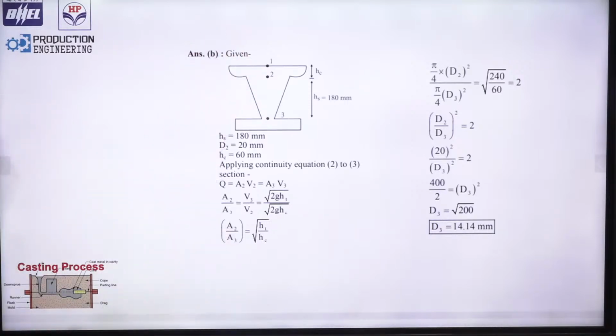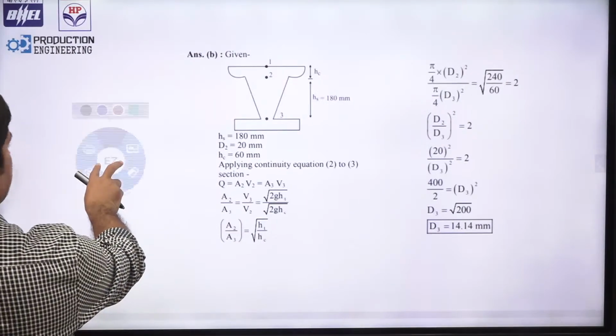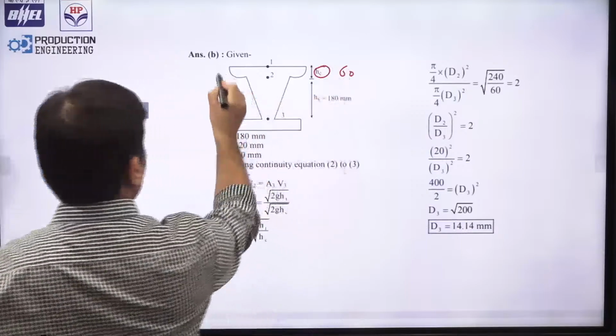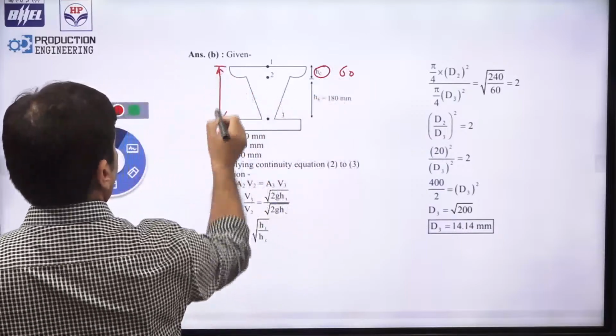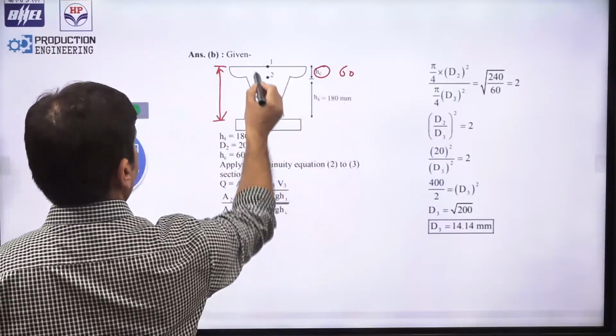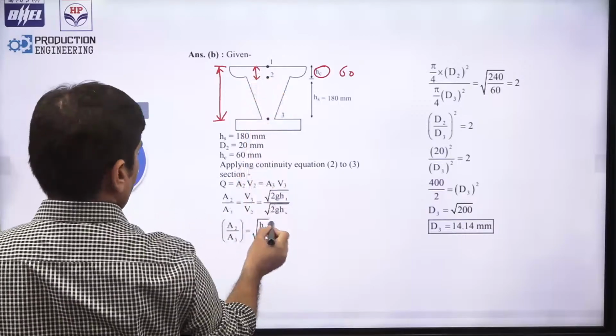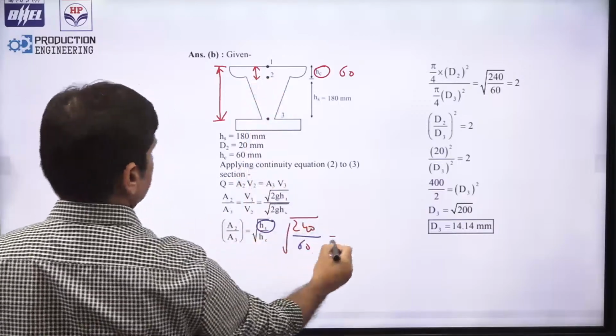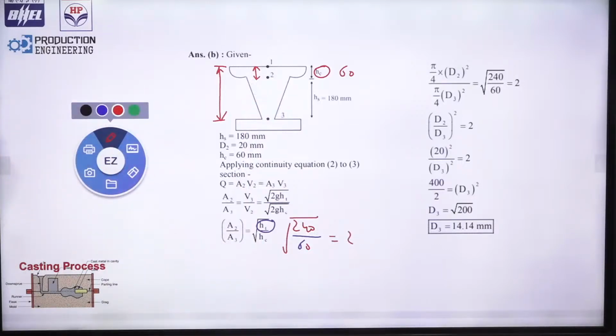HC is nothing but 60, and the total height is 180 plus 60. So what is this total height? This is 240. And what is this height? This is 60. So HT is 240 and this is 60. So the ratio is 2. From there I can calculate the diameter.